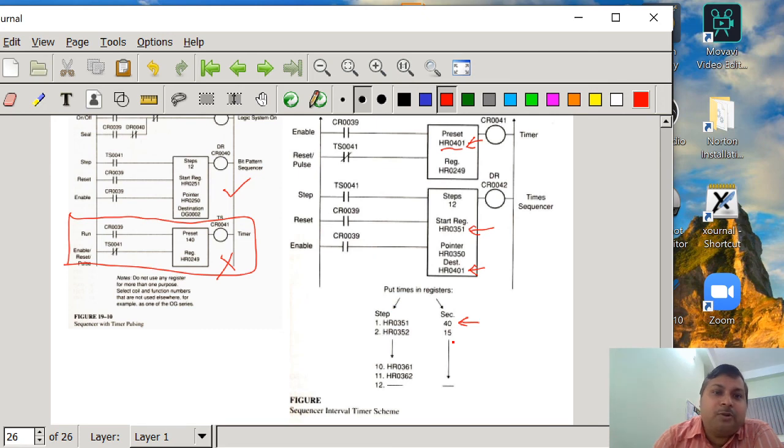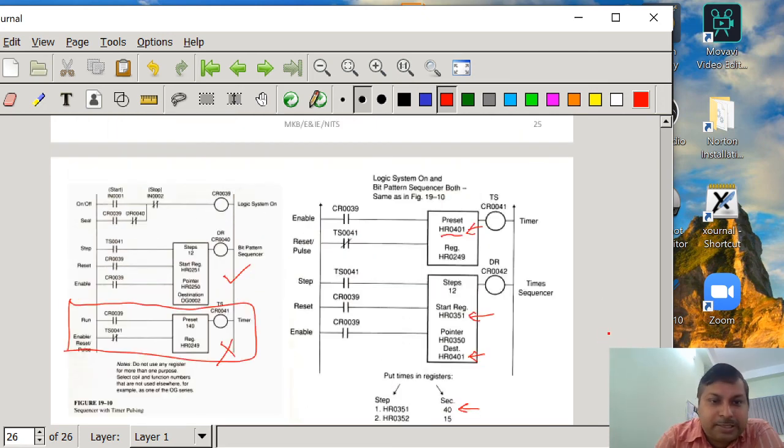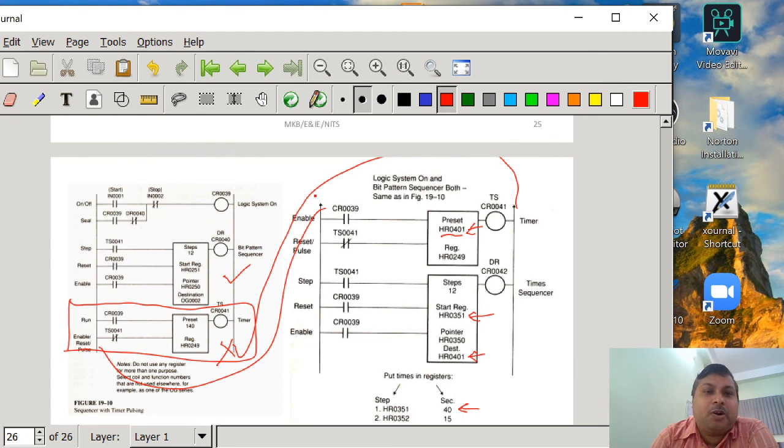Okay, so now how it is going to work, try to understand that this is connected here, and this is connected here. It is a continuation. Now whenever the IN001 is closed, then 39 is energized. So when 39 is energized, this is energized, this is also energized, and this is going to be closed, this is also going to be closed.